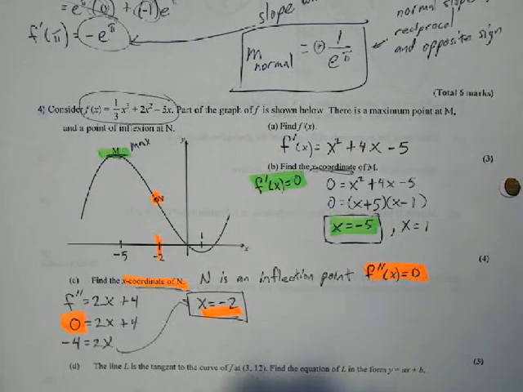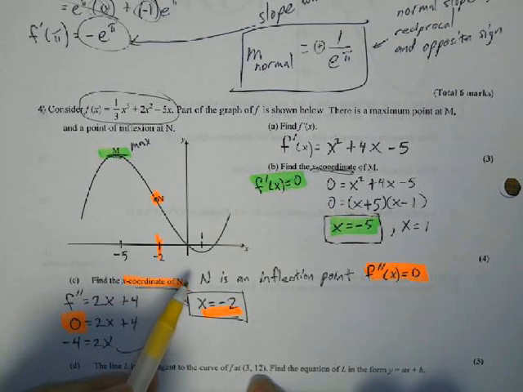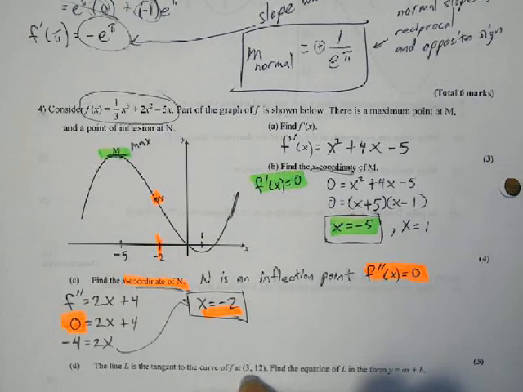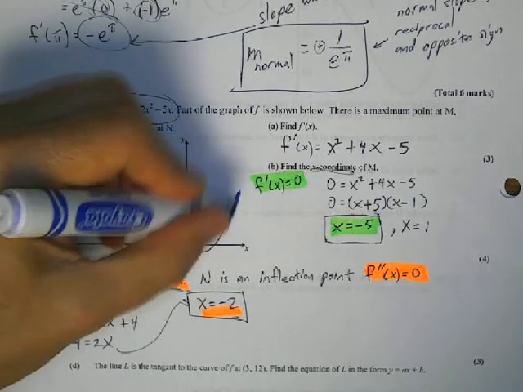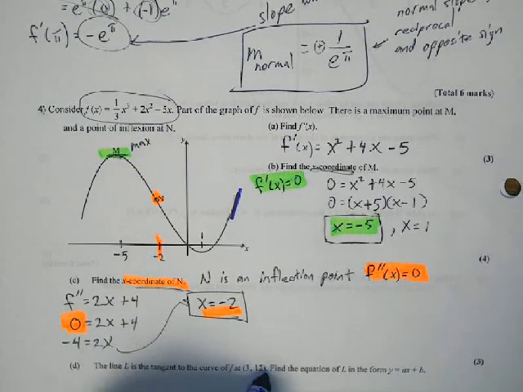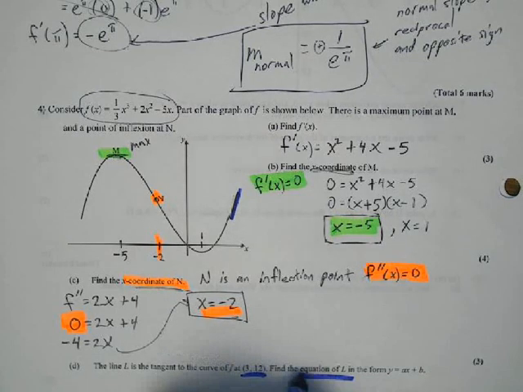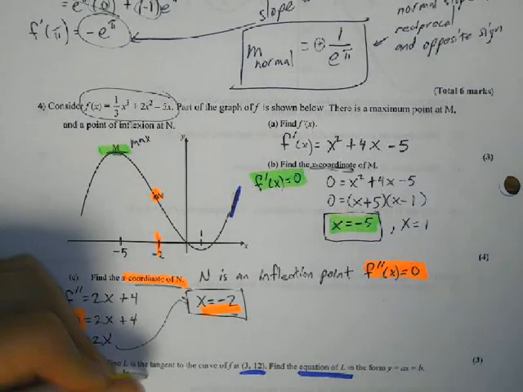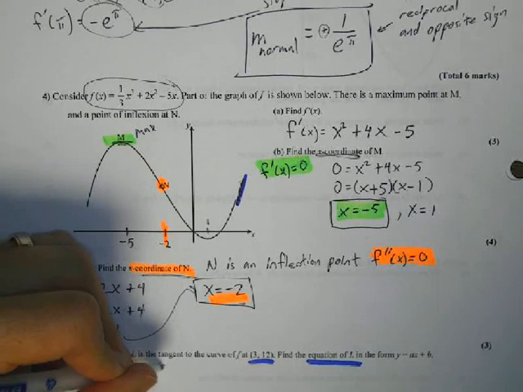Okay. The line L is tangent to the curve at 3, 12. Find the equation of this line. Okay, so 3, 12, that's like over here somewhere, right? So, to find this equation, we need the slope. So first, find the slope at x equals 3.